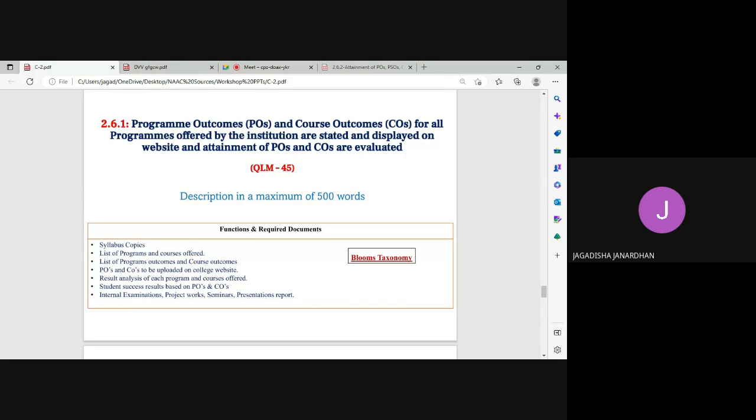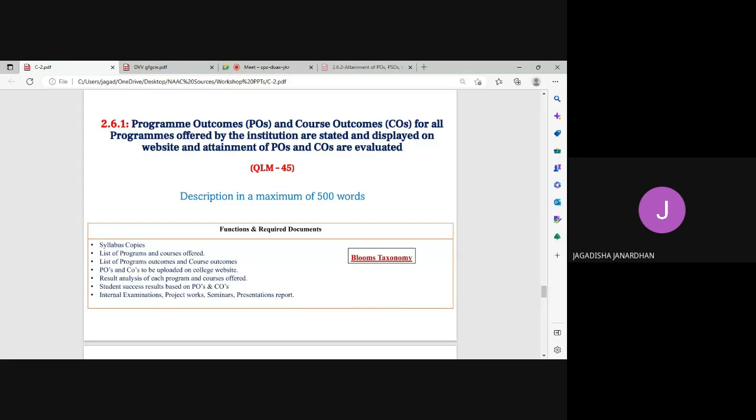More than 80 to 90% of institutions are getting less. So if you score 3, you are going to score 45 extra marks. If you are able to prove that your mechanism of evaluating the attainment is accurate, then there is a chance of getting 4 out of 4 as well. Then you will get a complete 180 marks only from this question itself.